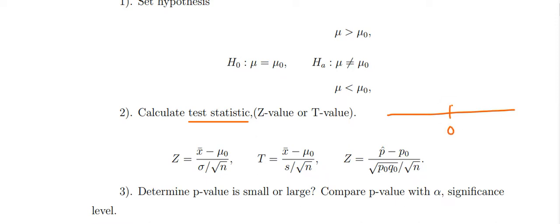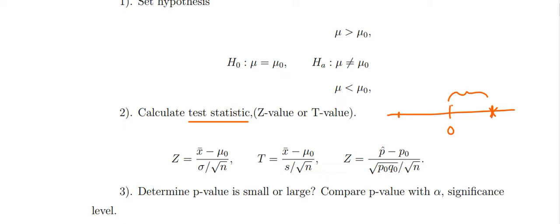We want to determine whether this distance, the difference from 0, is big or small. If it is big, then we will say HA, that mu and mu 0 are not so close. So this is the test statistic.